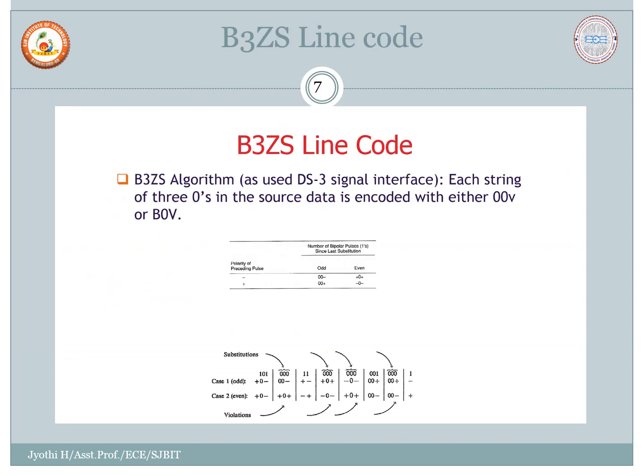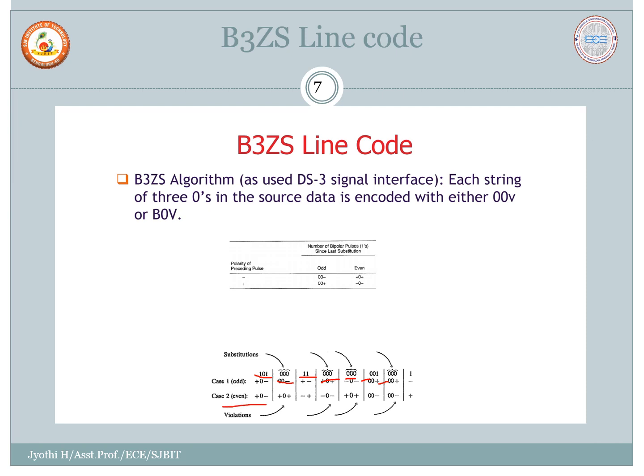So if you move on to the example considering B3ZS, the code pattern is here, that is 101, 00, 11, 0, 000, 000, 001 and 001. In this case we can observe plus 0 minus and 00 minus plus minus 101, that is plus 0 plus, and 0 minus 0 minus 0 plus and 0 plus.